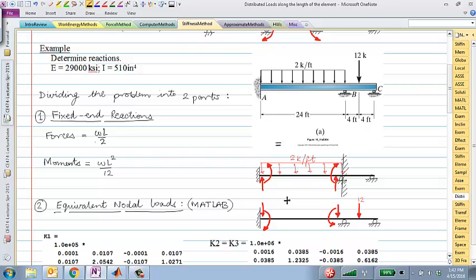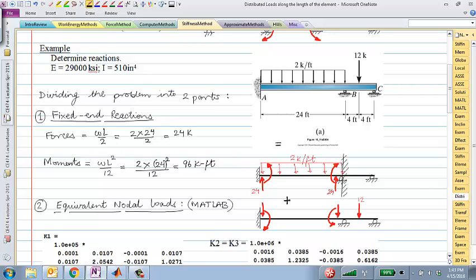For this particular problem, since the load is 2 kip per feet and the length is 24 feet, divided by 2, of course, that gives me 24 kips reaction at each end. Let me mark that. This is 24, this is 24. And the fixed end moment is 2 times 24 square divided by 12, which turns out to be 96 kip feet.